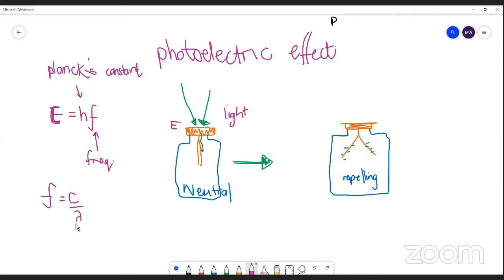Okay, and remember that lambda is your wavelength and c is your speed of light, which is always a constant of 3 times 10 to the power of 8 meters per second.